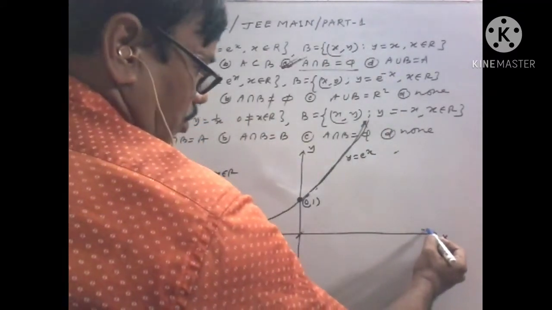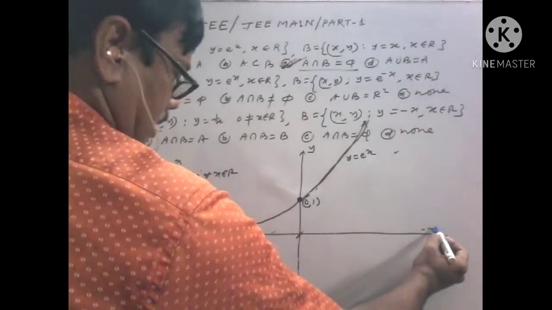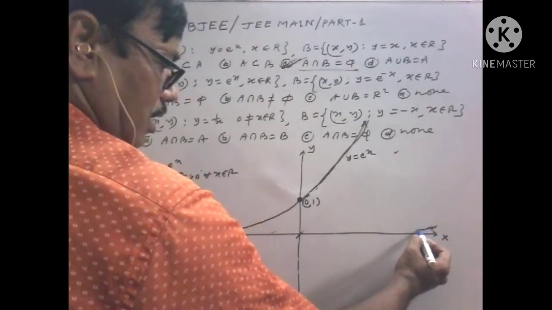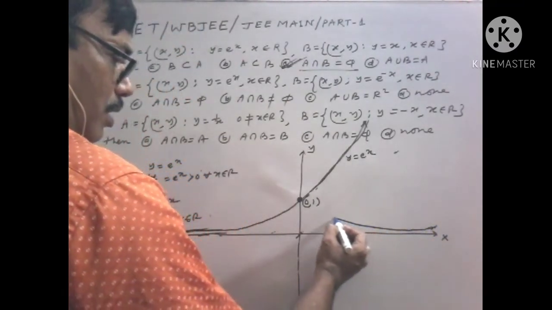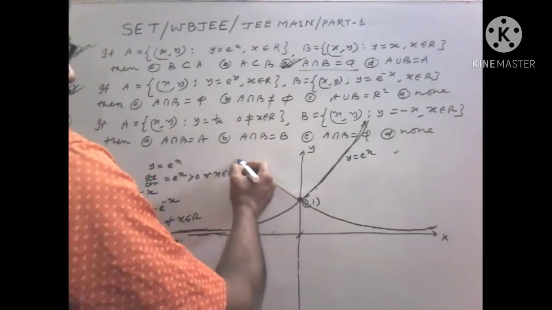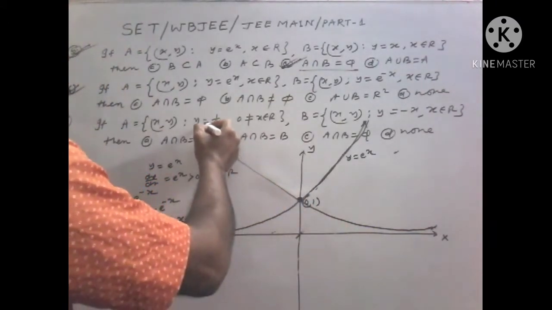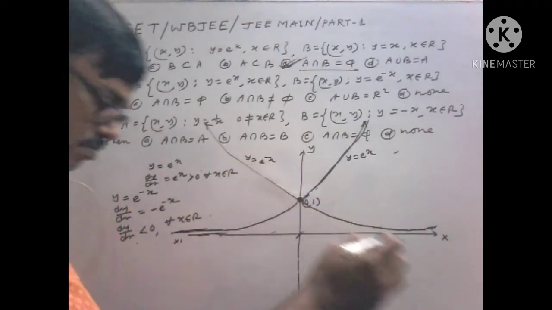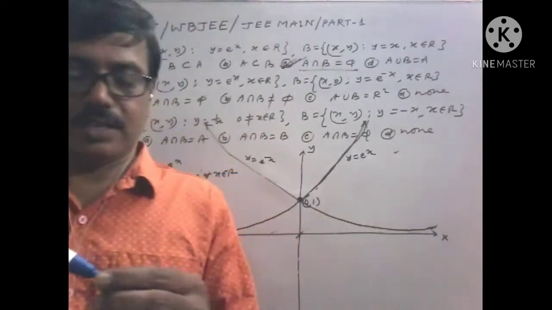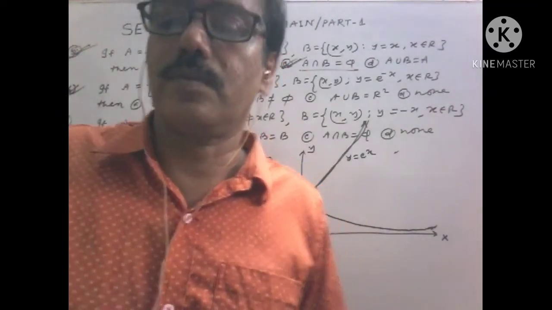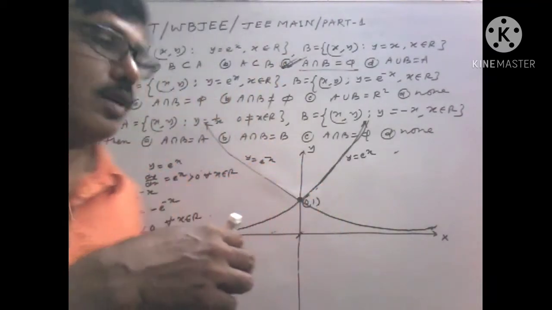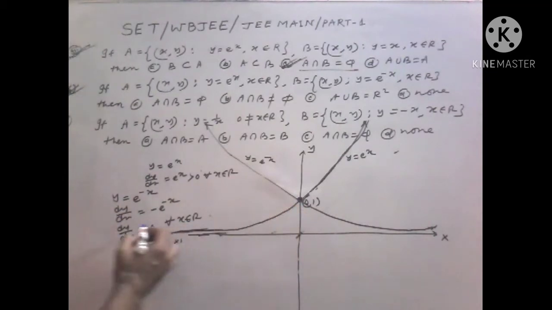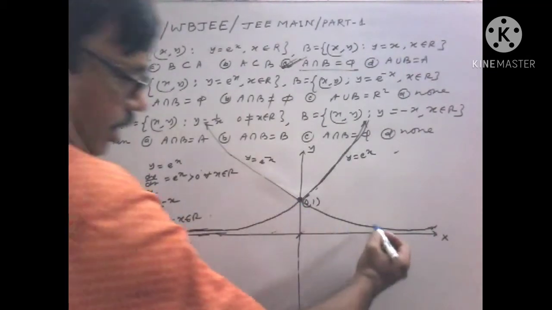So we are getting asymptotic behavior, then this is decreasing, y equals e to the power minus x. This is decreasing in nature.